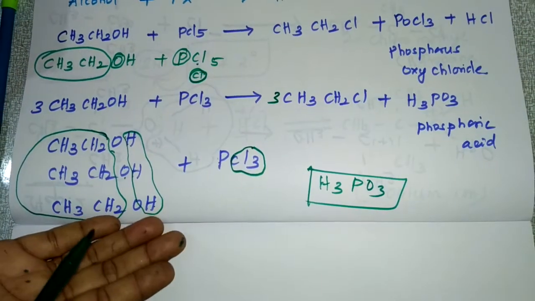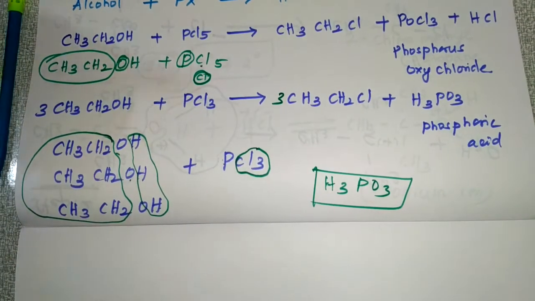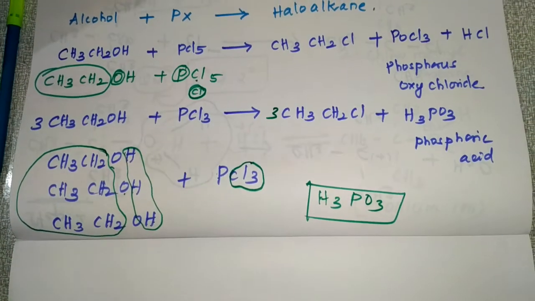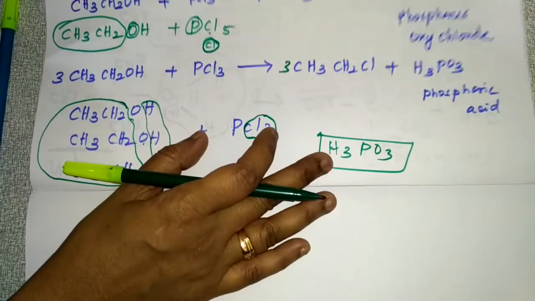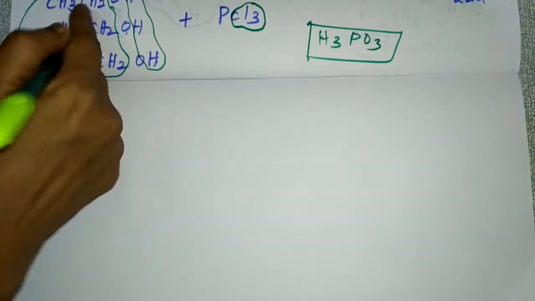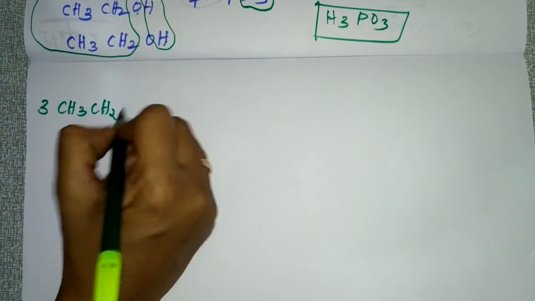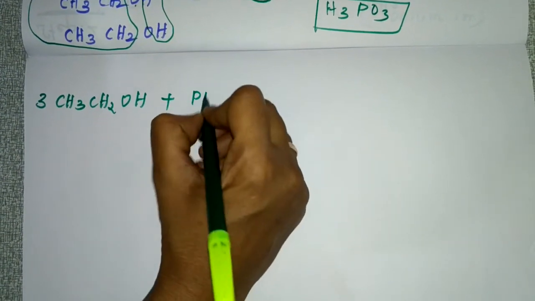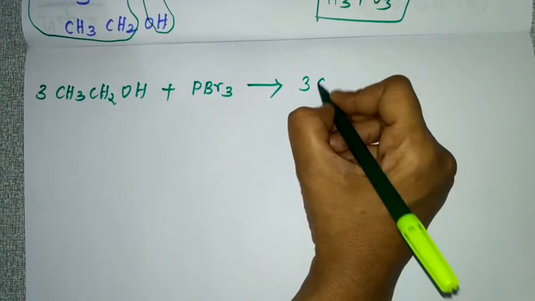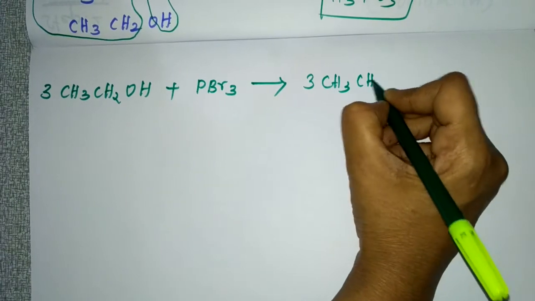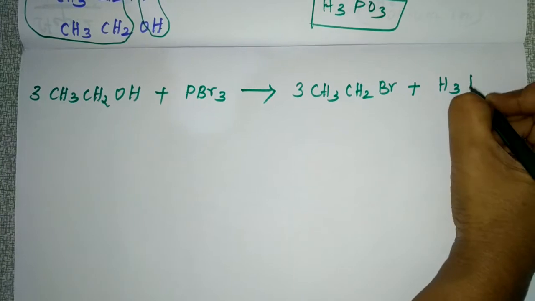This is how it forms haloalkanes when alcohol reacts with phosphorus halides. You can use PBr3 also. If you are taking 3 CH3CH2OH with PBr3, the product formed will be like this, CH3CH2Br plus H3PO3.